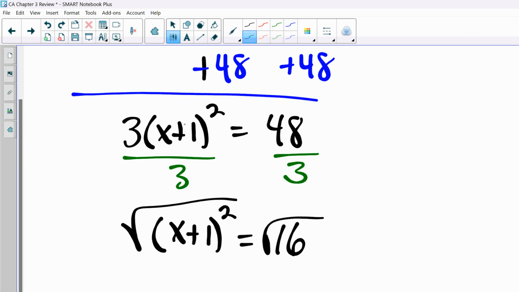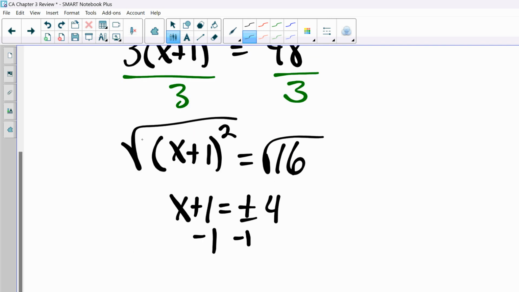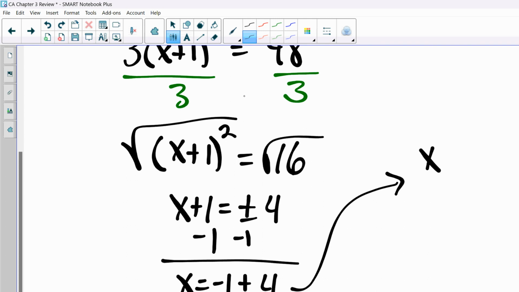We could square root both sides, telling us x plus 1 is equal to plus or minus 4. Minus 1, x is equal to negative 1 plus or minus 4. x is equal to negative 1 plus 4. And x is equal to negative 1 minus 4.